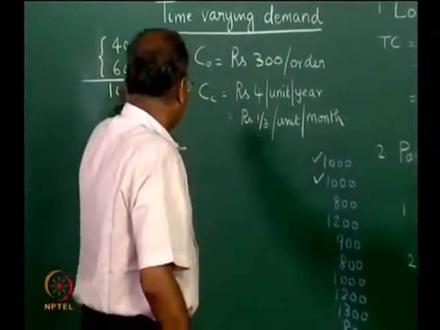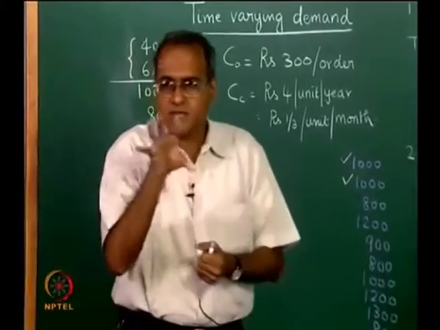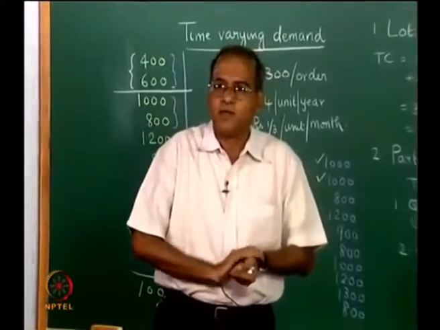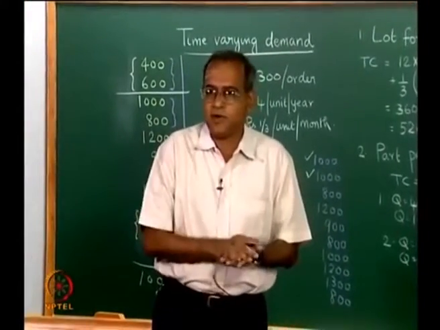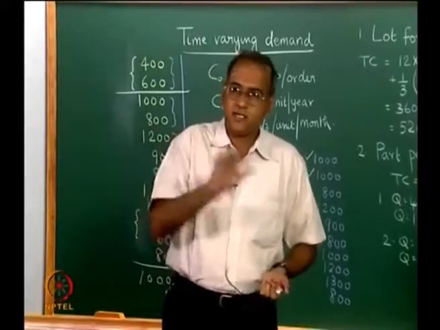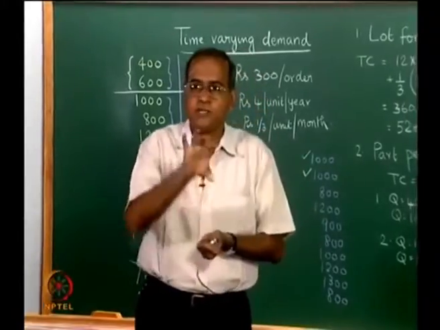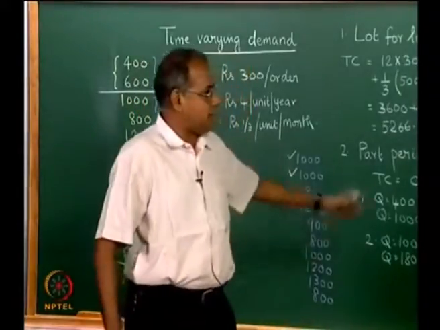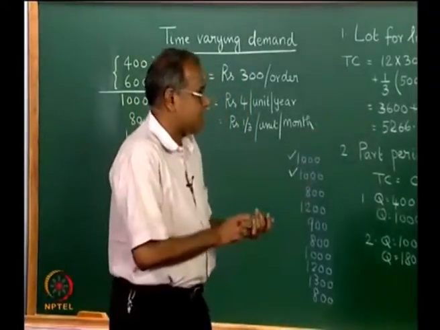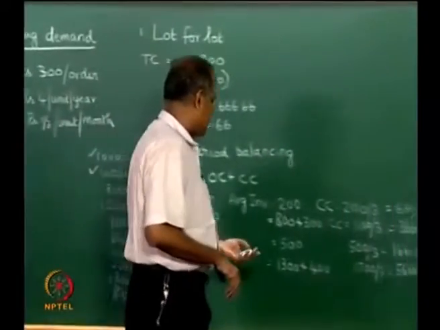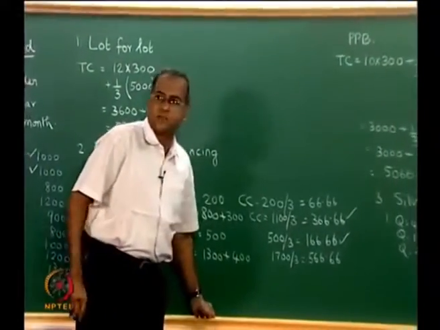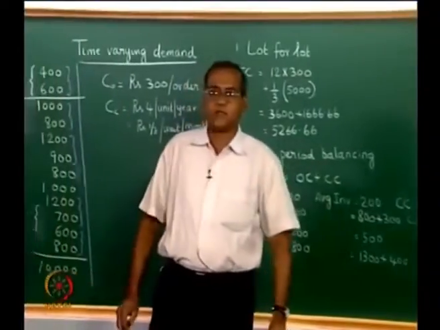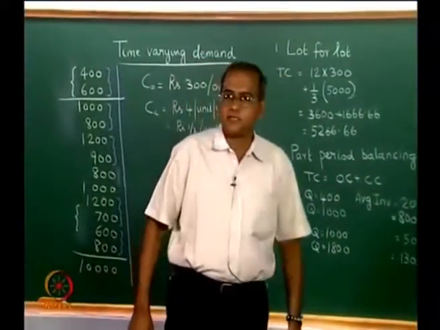In fact the problem is also such that the optimum 5000 was not very far away from the EOQ's 4898.98, though we discussed the issues involved in using or approximating the EOQ in the earlier lecture. So the optimum was 5000, Part Period Balancing is giving a solution that has a cost of 5066.66, Silver Meal is giving a cost of 5033.33.